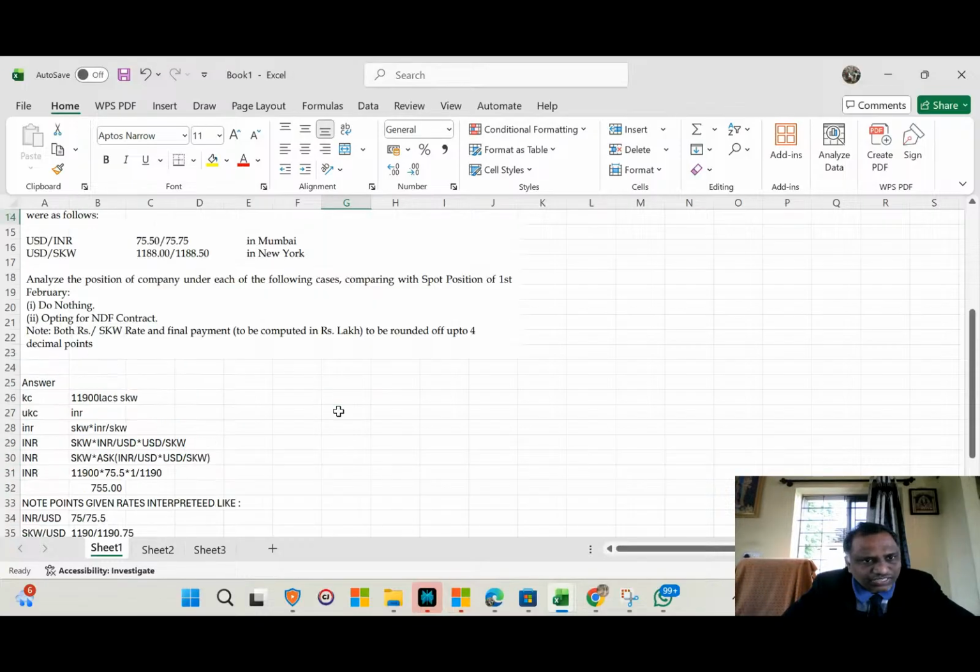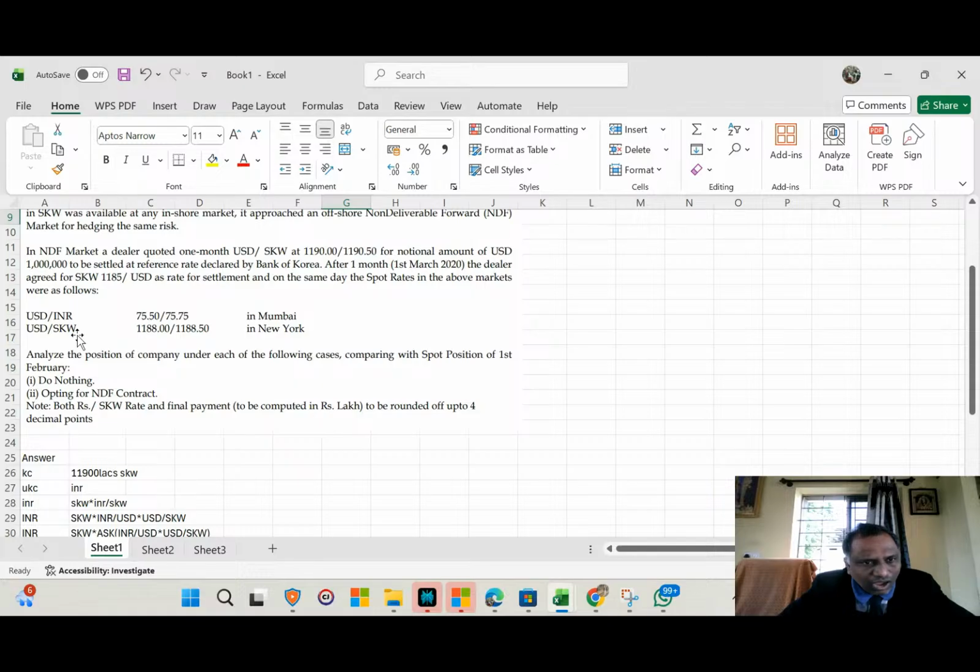let's come for discussion here. I want SKW USD divided. See, this is the SKW by USD. Now SKW by USD how much? Ask rate 1188.5. But how do I need the information? USD divided by SKW.